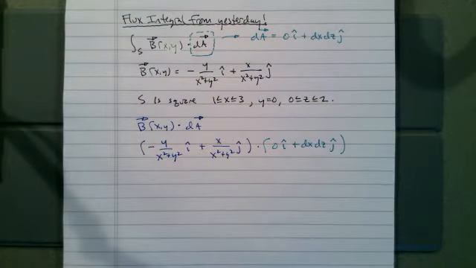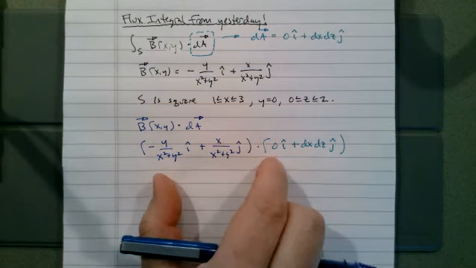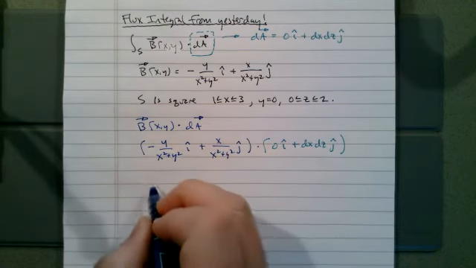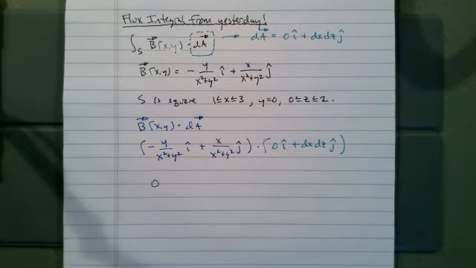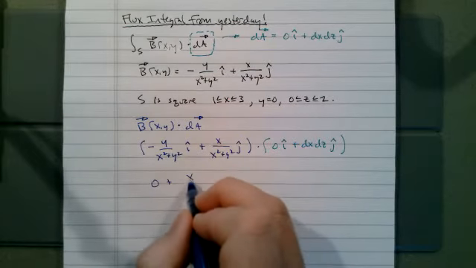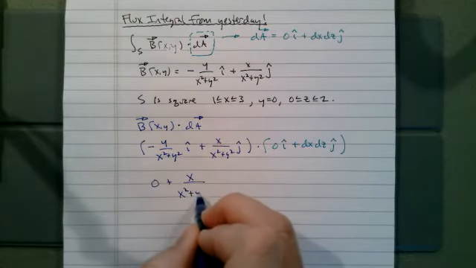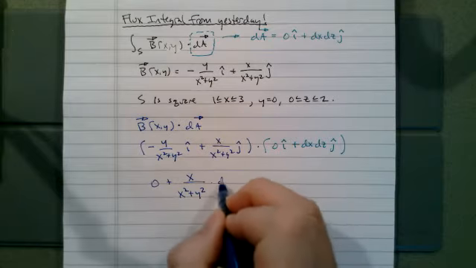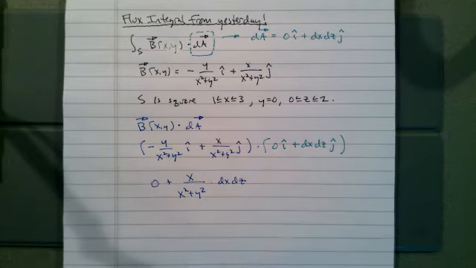So our dot product is going to be 0 from the i components plus x over x squared plus y squared times dx dz. Any questions?